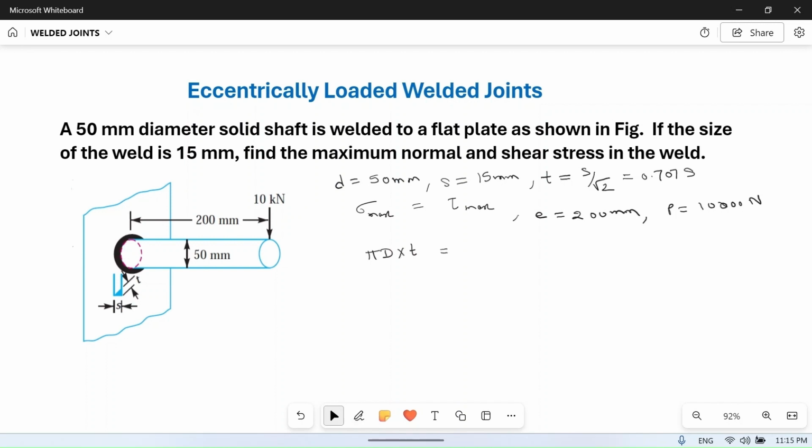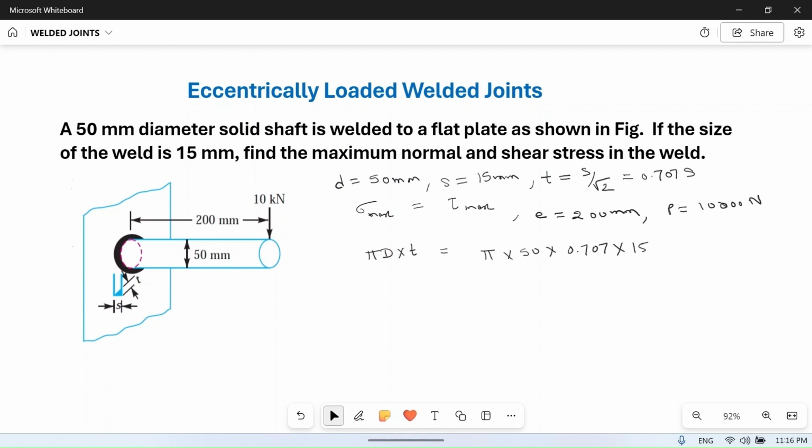So pi into d, which is 50, into the throat of the weld. The thickness at the throat is the minimum area, so we consider the throat of the weld for maximum stress, which is 0.707 s. So s is 15.